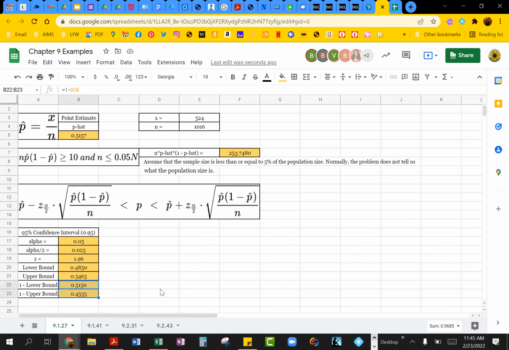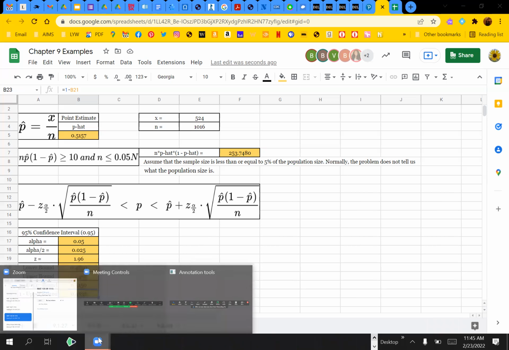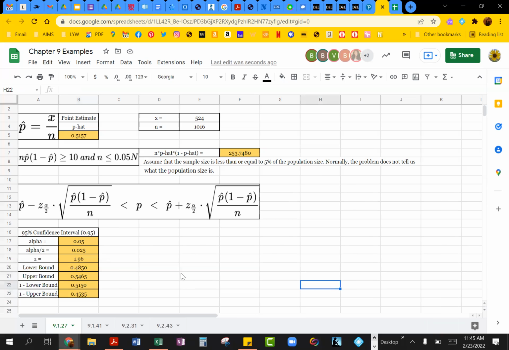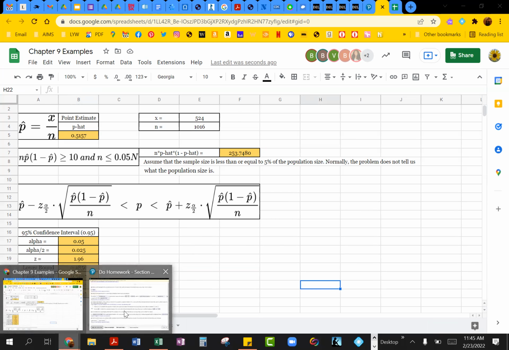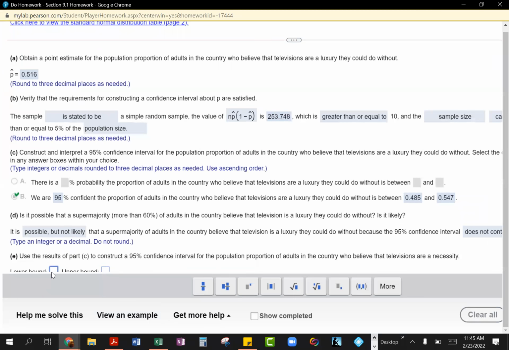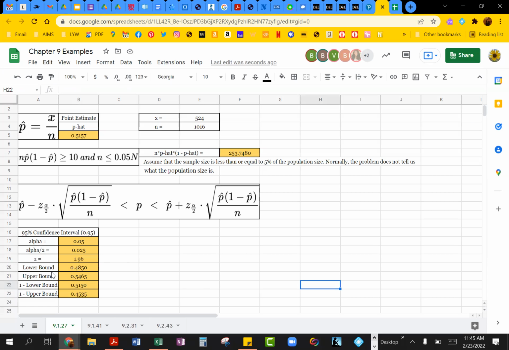Now, obviously keep in mind the smaller number will be the lower bound and the larger number will be the upper bound. So for the lower bound, the smaller number is 0.4535, which will of course become 0.454.